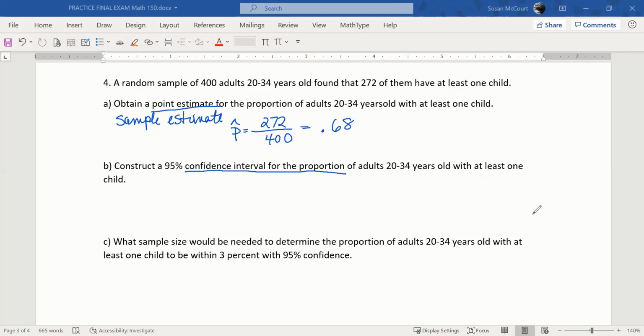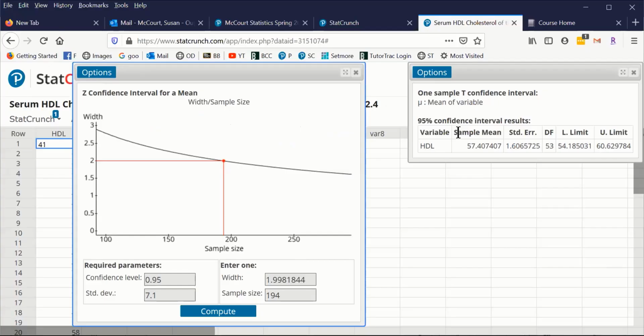And then the second part is a sample size needed for the proportion of adults with at least one child to be within 3% and 95% confidence. So we'll go to StatCrunch.